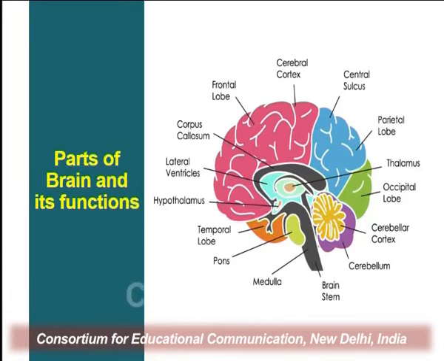There is the frontal lobe; next, we can see the cerebral cortex, central sulcus, parietal lobe, thalamus, occipital lobe, cerebellar cortex, cerebellum, brain stem, medulla, pons, temporal lobe, hypothalamus, lateral ventricles, corpus callosum. There are more parts of the brain which play different roles, but these are the very prominent parts which determine different behavioral functions.